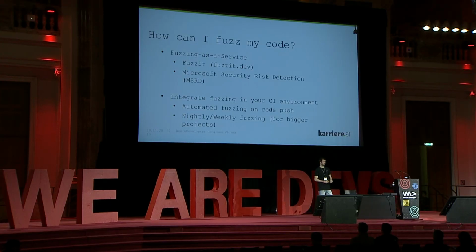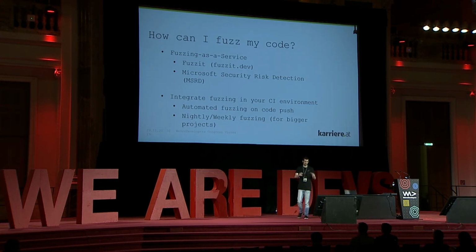So how can you fuzz your code apart from manual fuzzing? There is fuzzing as a service. There is Fuzzit, for example. It was founded, I think, 2 years ago, still a startup. And then there is Microsoft Security Risk Detection. You can use those, or you can integrate fuzzing in your continuous integration environment.